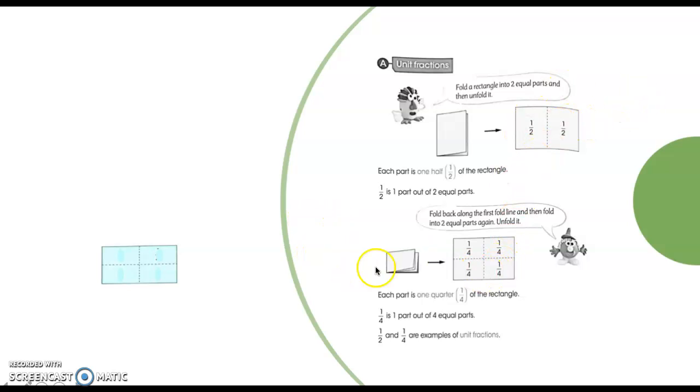Okay, now look at this one. I have separated the same rectangle into 4 parts, and then if I fold it, it will be like this, isn't it? After folding, it will be like this, and then if I remove, you will see the folded lines as the dotted lines.